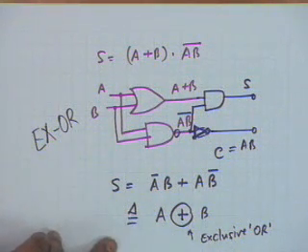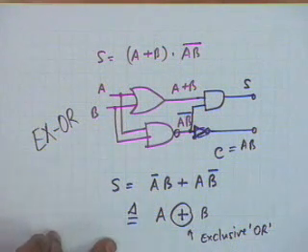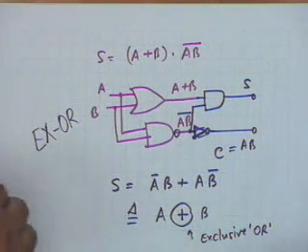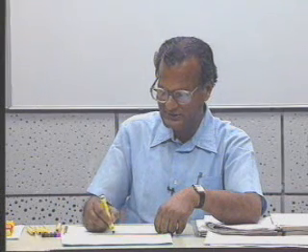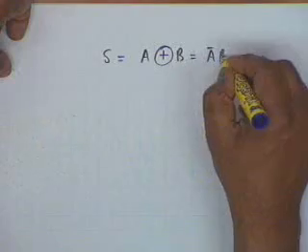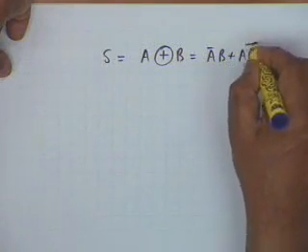XOR is exclusive OR operation. There are manufacturers who make gates which are exclusive OR gates. To look at this further, since this is an important operation, A exclusive OR B is A bar B plus AB bar.